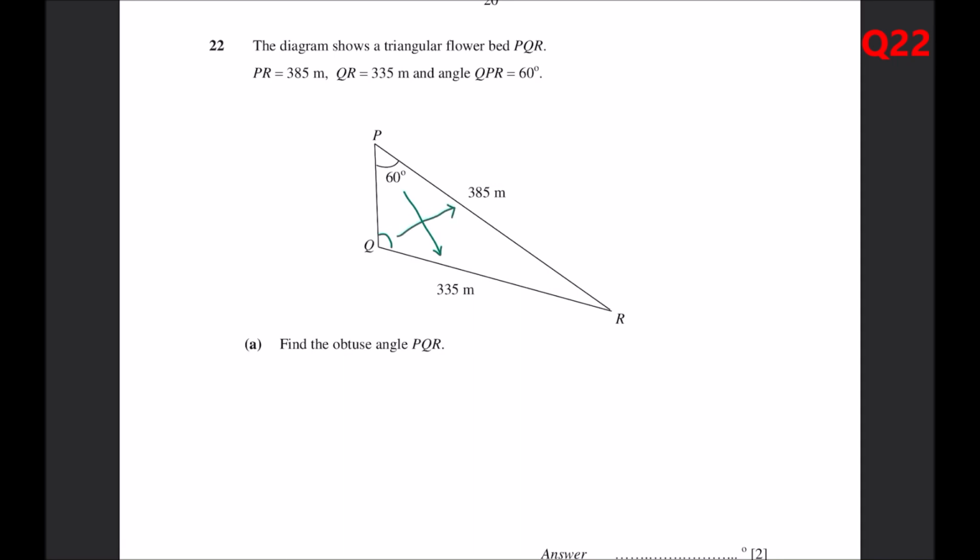So you want to find the obtuse angle PQR. You can use the sine rule. So we have sine angle PQR over 385 equals sine angle 60 degrees over 335.